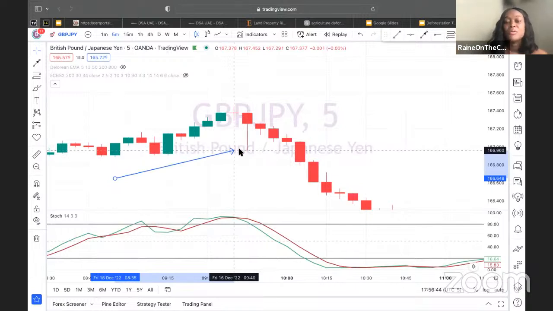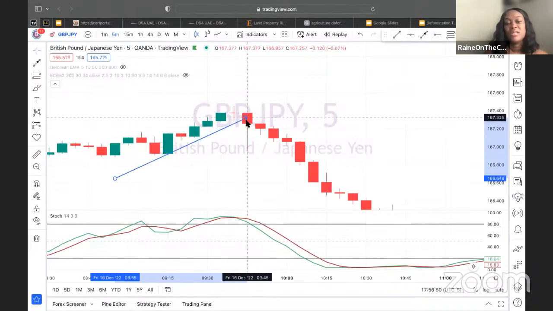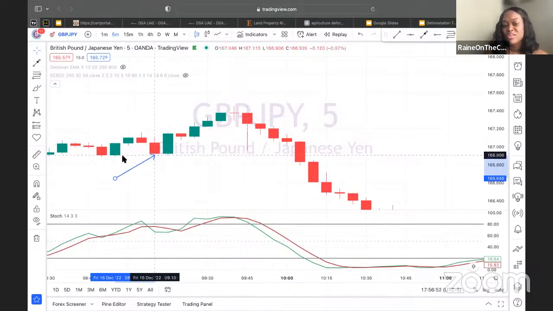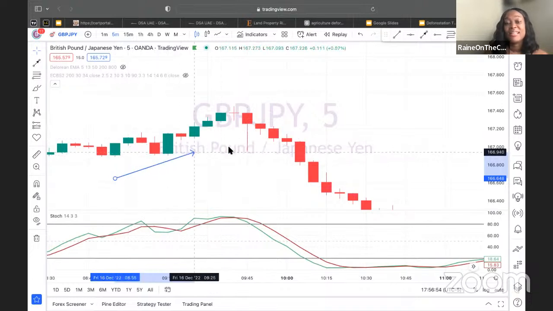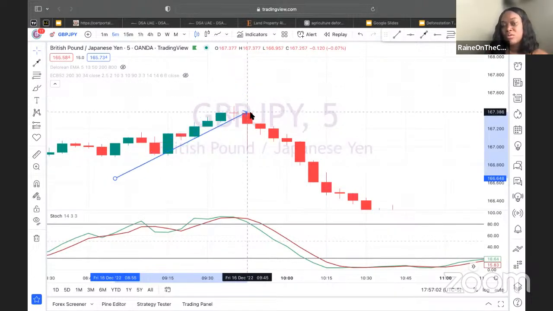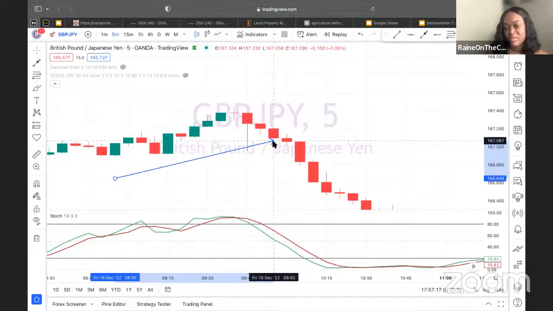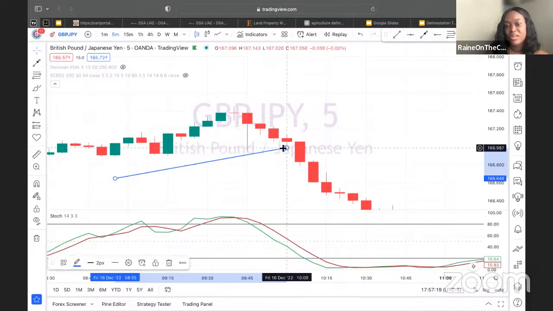So price traveled up and then came back down, retested this area, and then it went back up a little bit. And some people may have thought, oh, it's going to go up, but no. It closed here, opened here, because the candle is going to open where the last candle closed. Then we saw it make like a step coming down, right?